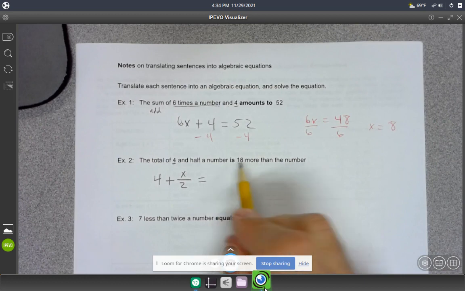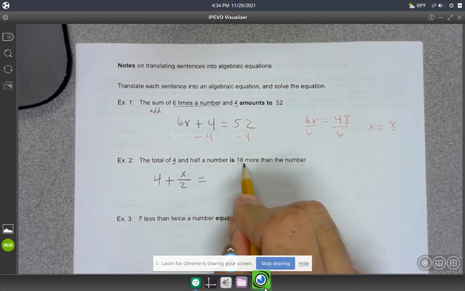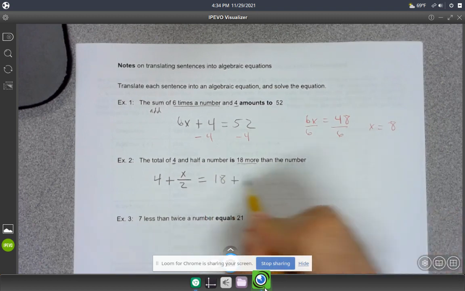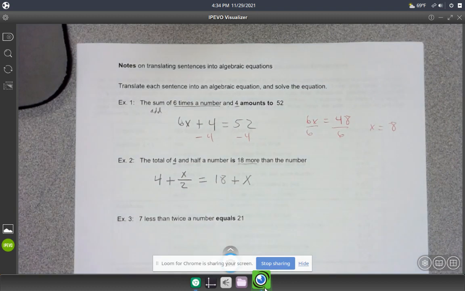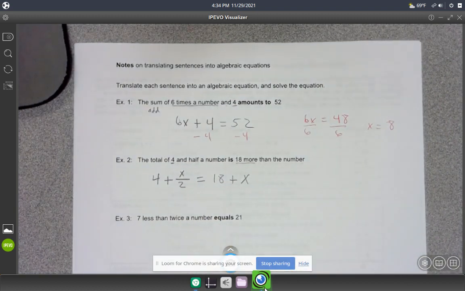The is going to be my separation point for my equal sign, but I need to do 18 more, so 18 plus the number itself. Technically it should be x plus 18 to represent 18 more than x, but this would be the algebraic representation.